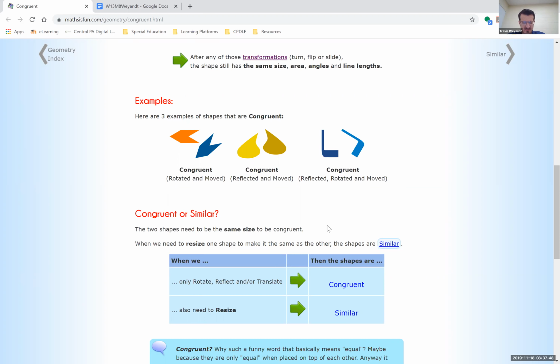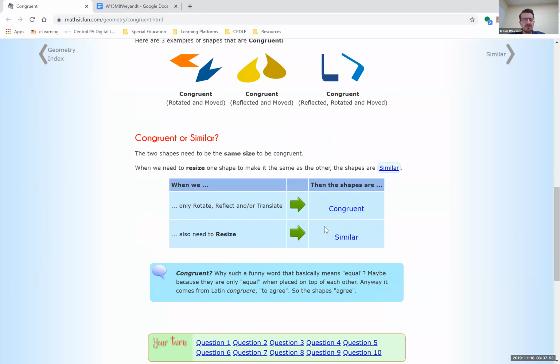There's just a little bit more to it with congruence, but the similarities between both of them are that they can be transformed, moved around, reflected, rotated, all those sorts of things, and those things can be congruent and similar. The difference lies within the idea of resizing. So think of congruence as equal. The shape has to equal the other shape in every single aspect.